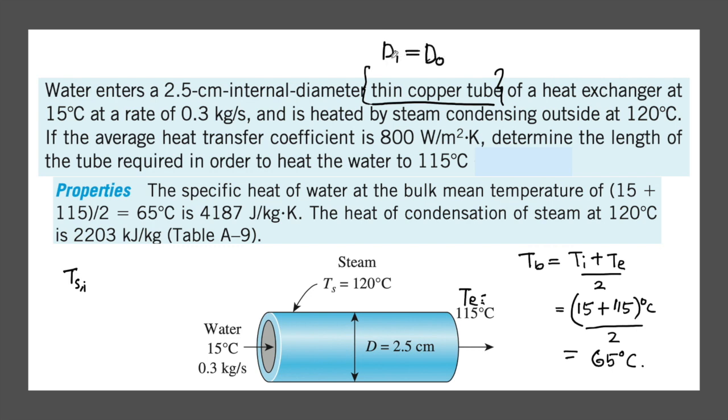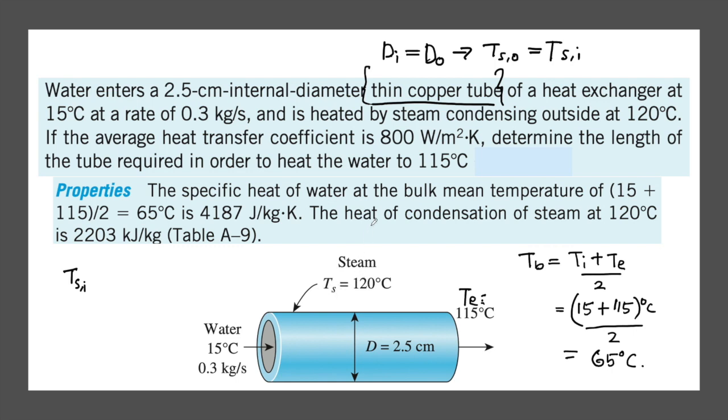When this is equal, we can say that Ts at the outer surface is also equivalent to Ts at the inner surface. Because of the thin copper tube, Di is equivalent to Do. Therefore, Ts out is equal to Tsi. Then this Ts is actually Tsi.